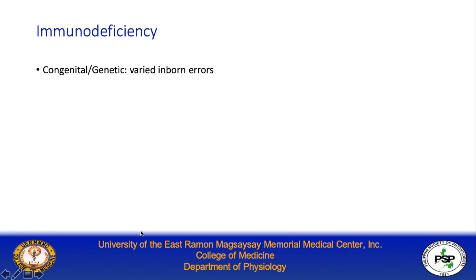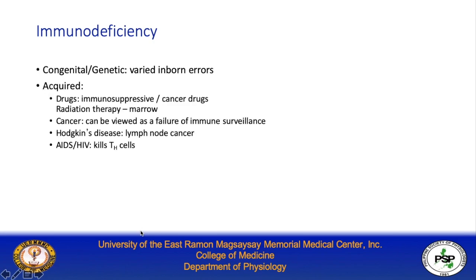So there will be a decrease in the immune response. Or it can be acquired. When we say acquired, there are factors like drugs, radiation, and clinical conditions that would interfere with the immune response.